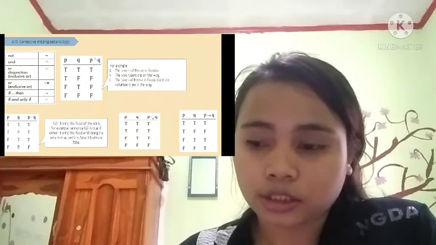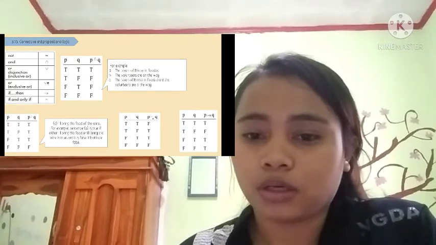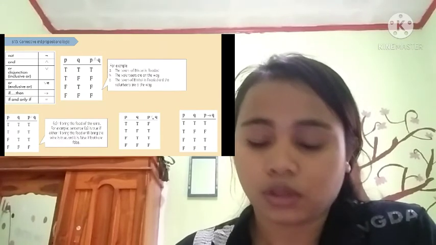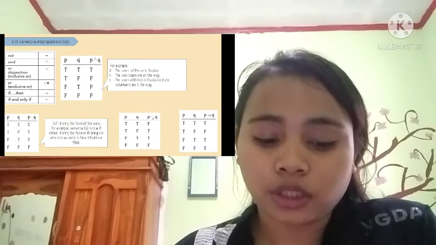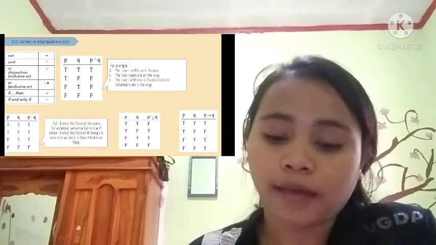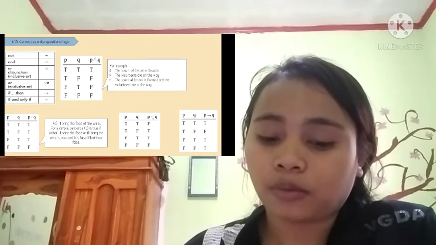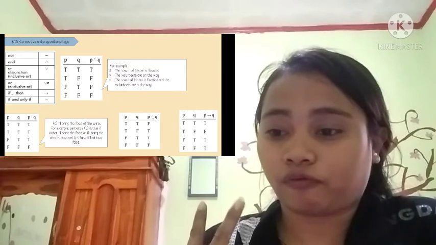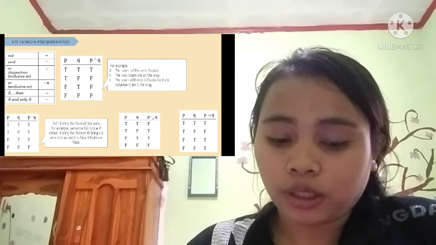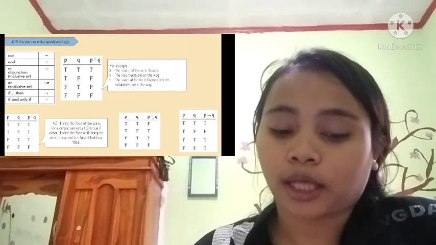And the next table, we can see there is also a second type of disjunction, and it is called exclusive or. Its symbol is like the V with an E underneath.